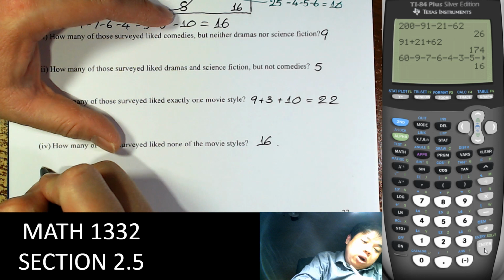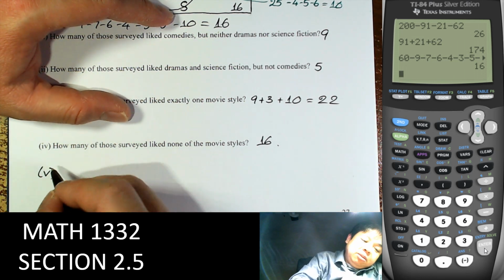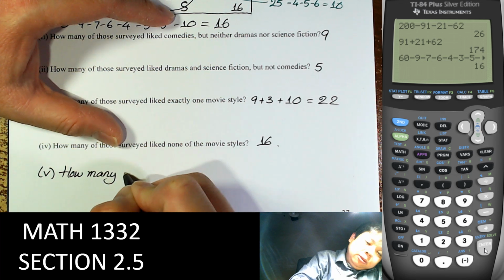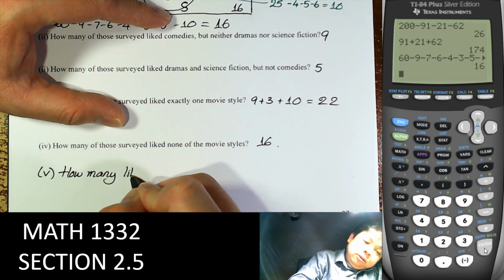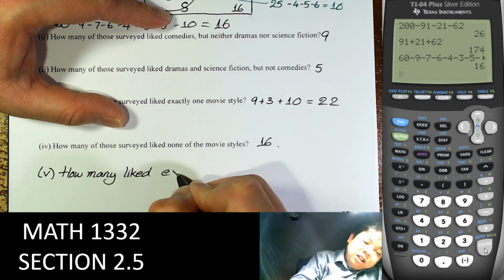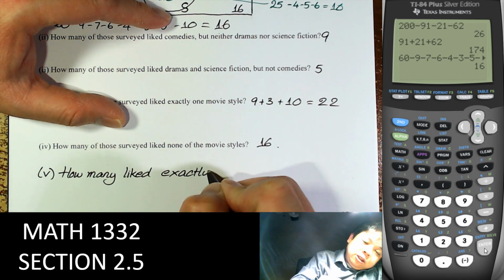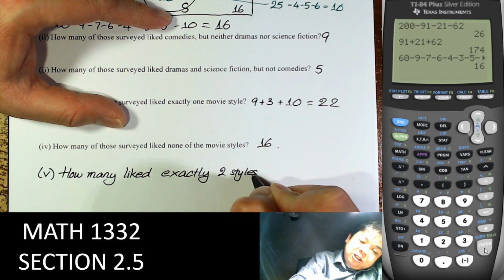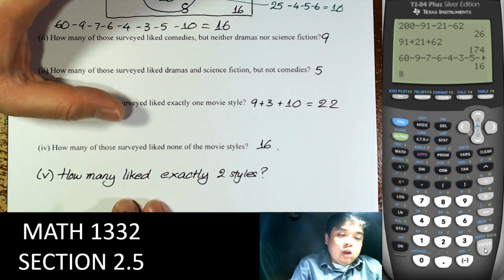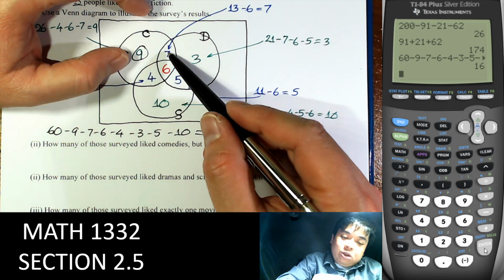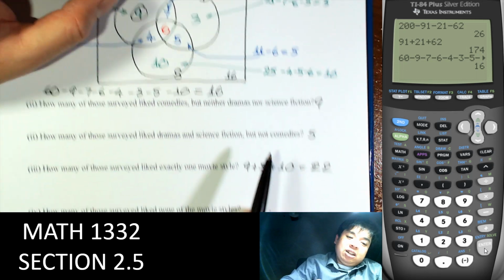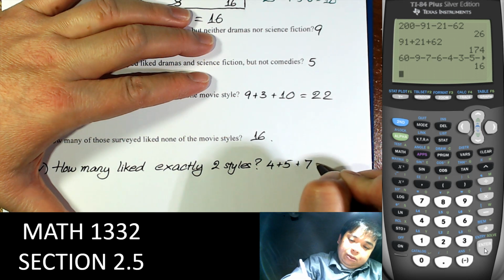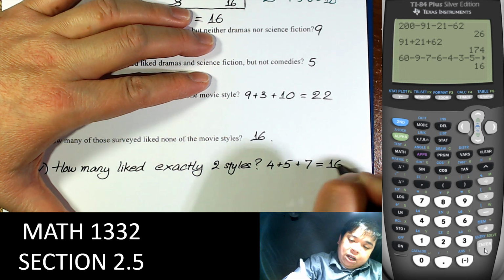I'll add one question here: how many like exactly two styles? So we look at this. We see exactly two styles will be 4, 5, and 7. That's 16.